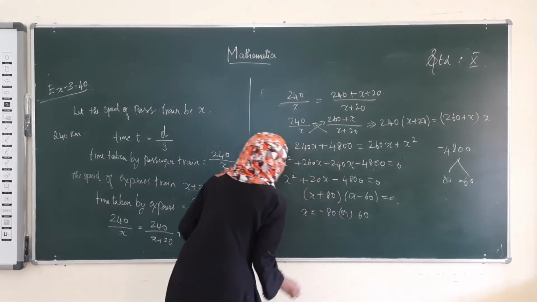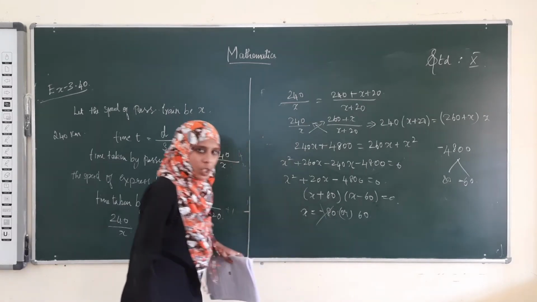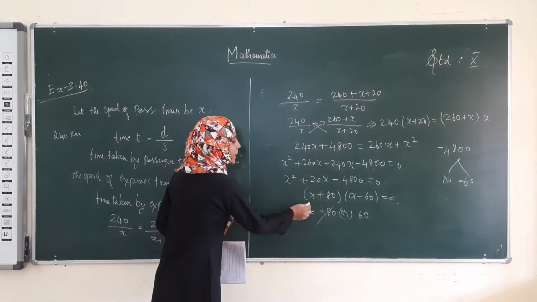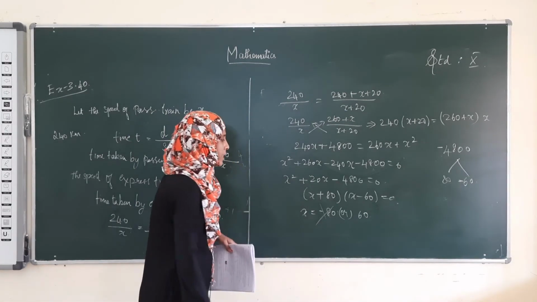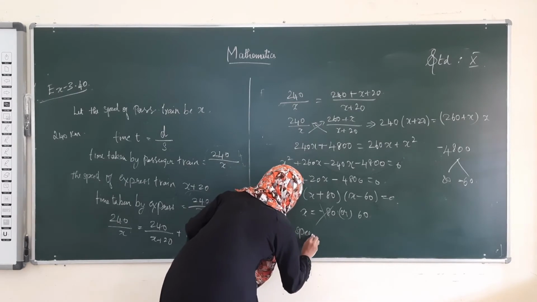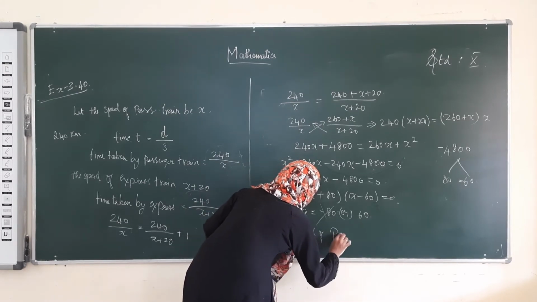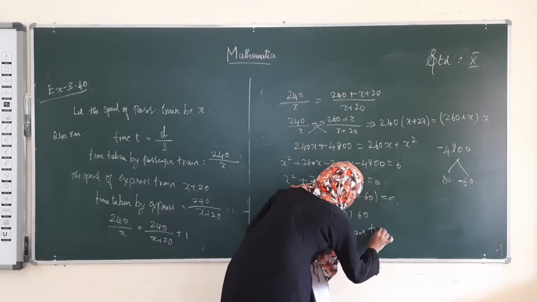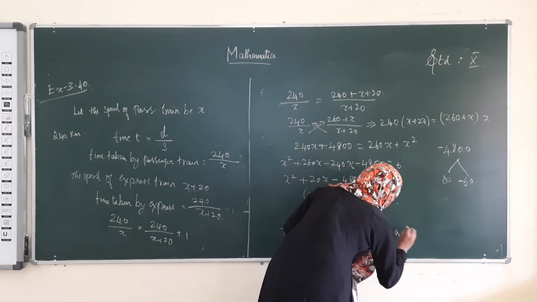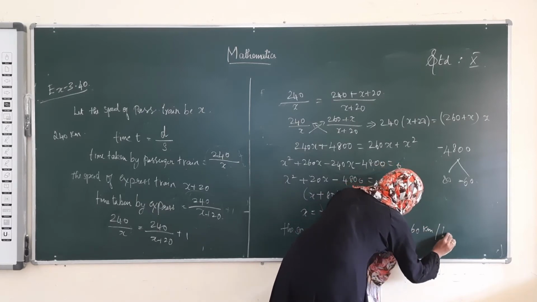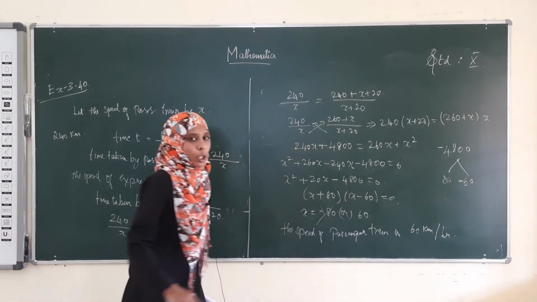See here, we are neglecting minus 80 because see what's x? x is the speed of the passenger train. The speed cannot be in negative terms. Therefore, the speed of passenger train is 60 kilometer per hour. And we have to find the speed of express train.